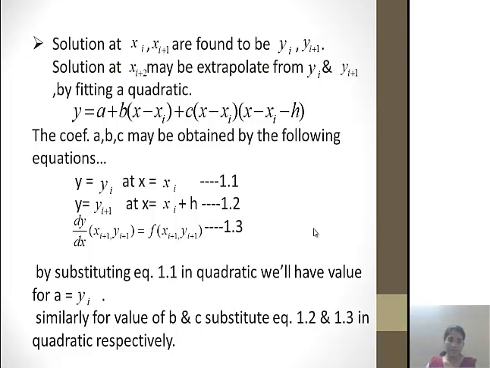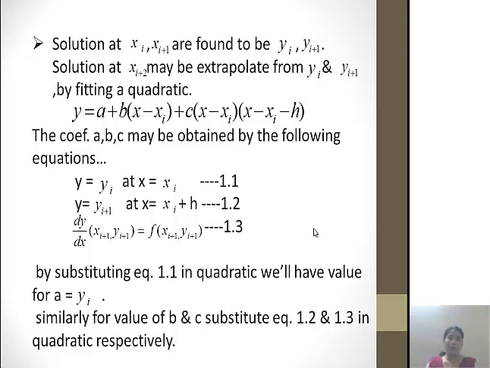Now let's assume that the curve that we have to find is a quadratic curve. Then y equal to a plus b into x minus xi plus c into x minus xi into x minus xi minus h. The coefficients a, b, c may be obtained by the following equations.